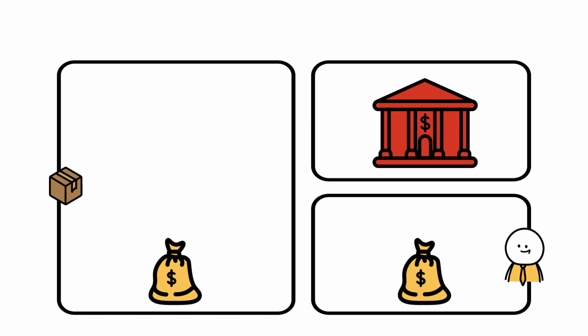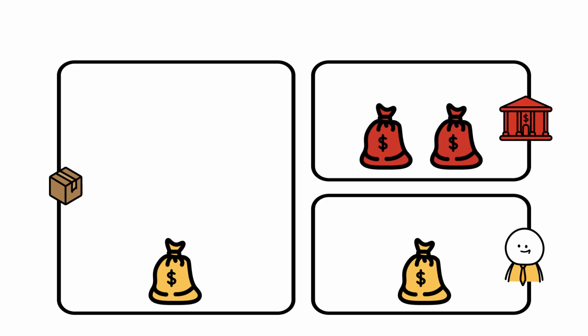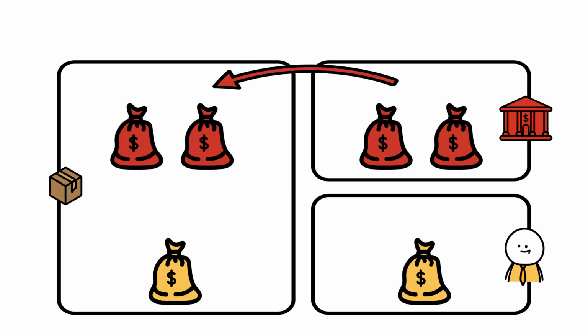Now the owner recognizes that they don't have enough money to start the business, so they approach the bank for a loan. The bank assesses them and decides that they can lend 2 bags of money to the business. So the 2 bags of money get transferred into the business as well. The bank is shown here in red.